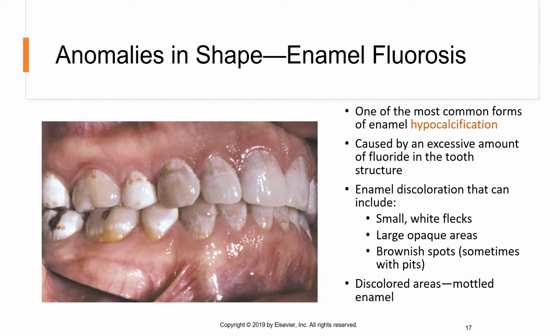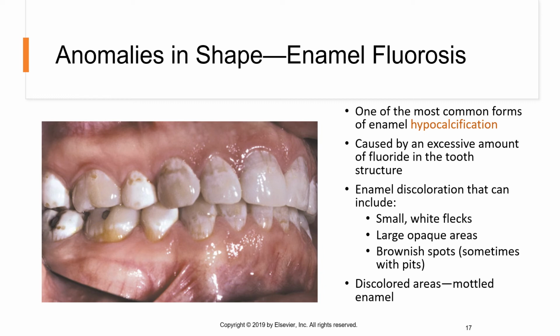It's caused by excessive amounts of fluoride in the tooth. What happened was they found this in Colorado. All of a sudden I can't think of the name of the city there, and they noticed that so many people were coming in with these white spots on their teeth, and they realized that there was a lot of fluoride in the water.